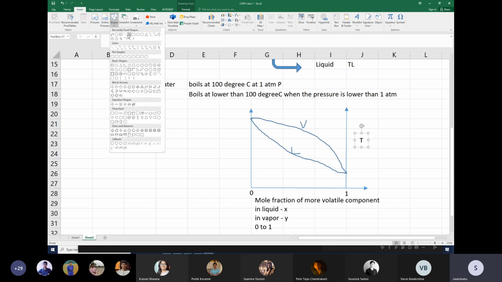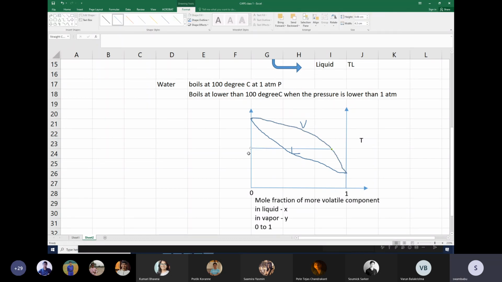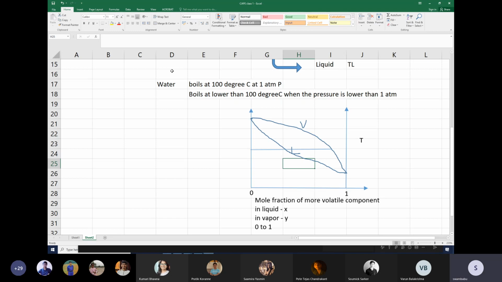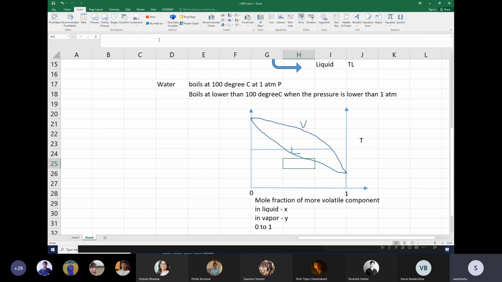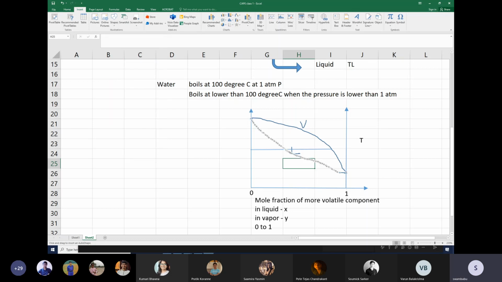So we know the temperature, right? At the temperature, we will draw a line. This temperature will be Tv equal to TL. So where this line touches the lower line, the liquid line, that will be the corresponding liquid composition.